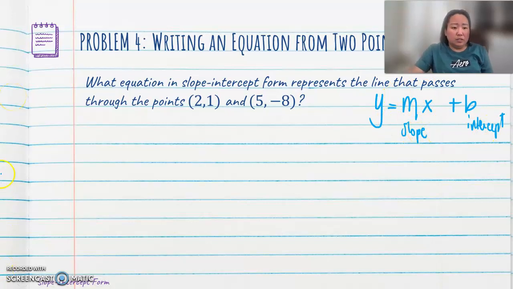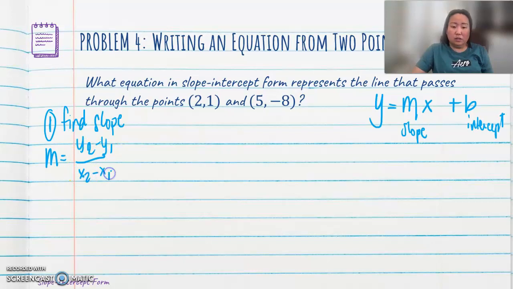So first, step number 1 is find the slope. Okay? Do you still remember the formula for the slope? Slope is going to be y sub 2 minus y sub 1 over x sub 2 minus x sub 1. So in our case, it will be -8 minus 1 divided by 5 minus the x, which is 2.